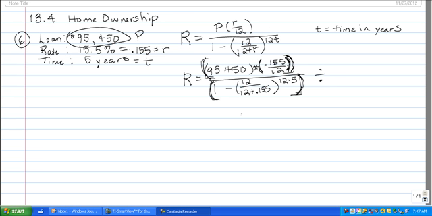Just a couple of comments in terms of what I like to do when I'm working these on a calculator. You have to put in parentheses where you need them. Actually, we don't need parentheses here, so I'm going to eliminate that one. What we want to do is take the principal times a fraction, and anytime I see a fraction I put parentheses around it if it's a simple fraction.